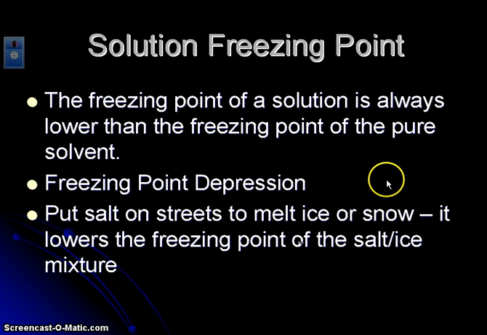What happens is when you put that salt on the ice or the snow, it lowers the freezing point of the salt-ice mixture, which makes it less likely to stay frozen at a lower temperature. So the solvent in that case is the water from the ice or the snow, and it becomes a solution when you add that salt to it and lowers that freezing point.